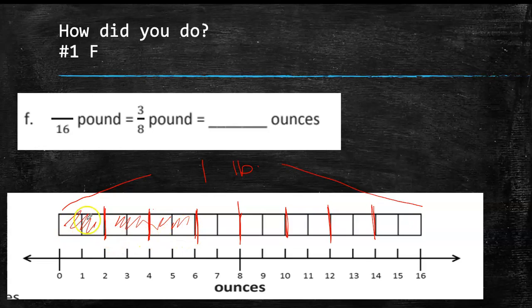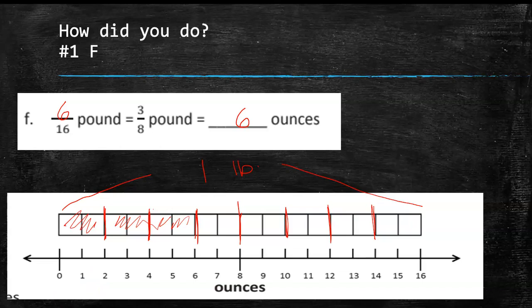Well, I can count my boxes, or I can look at my number line and notice that I did 6/16 of a pound, which then is equivalent to 3/8 of a pound. And how many ounces are there? Great job. 6 ounces. Amazing. You can pause at any time if I'm going too fast, remember.